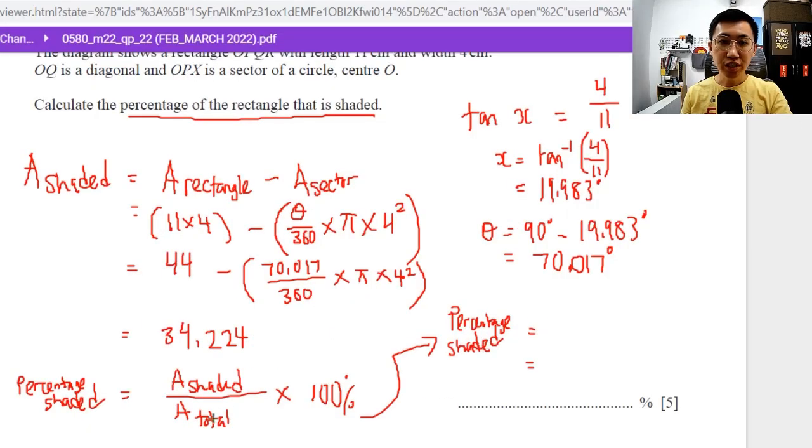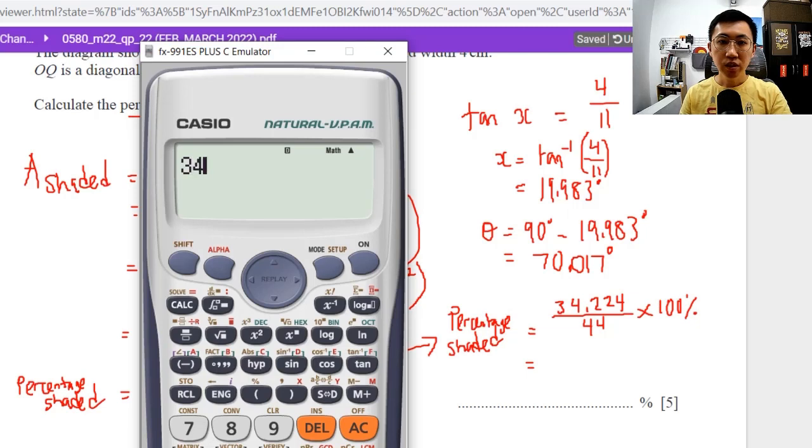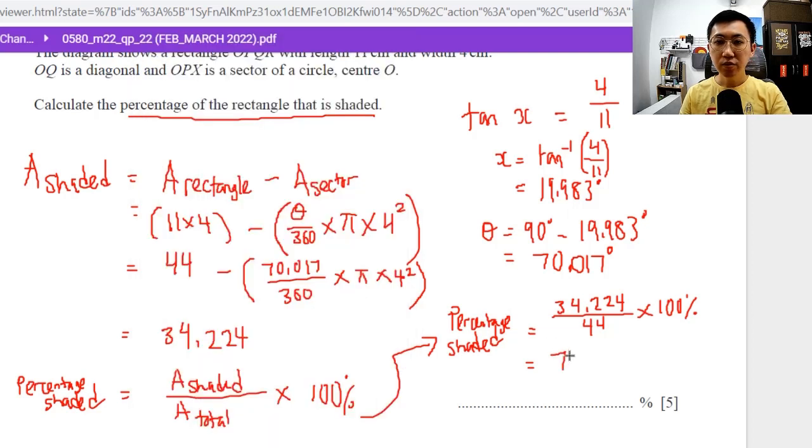Percentage of shaded is your area of shaded, 34.224, divided by your area of total, which is 44, the whole thing, multiply with 100%. We just need to use our calculator: 34.224 divided by 44 times 100% is 77.78. So 77.78%.